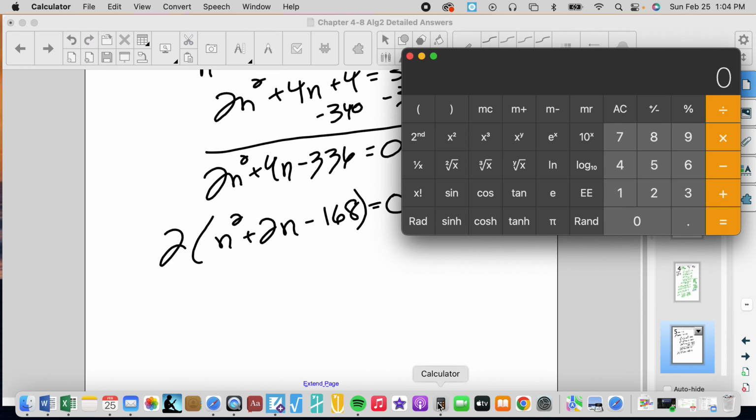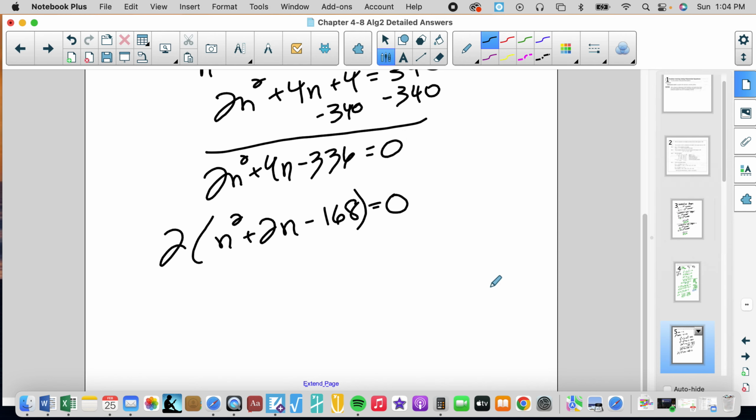Mr. Max pretty good with his division, but let's just make sure. 168. And now we want to find factors of 168 that, when subtracted, equal 2, the A times C. 1 times 168, 1 and 168, 2 and 84, 3, 6, 7, 7, 14, 15.